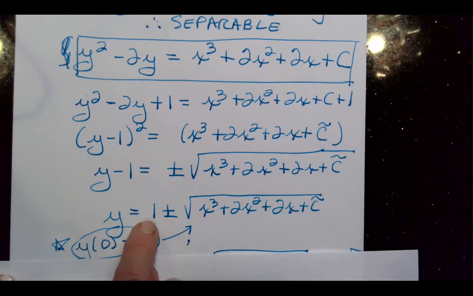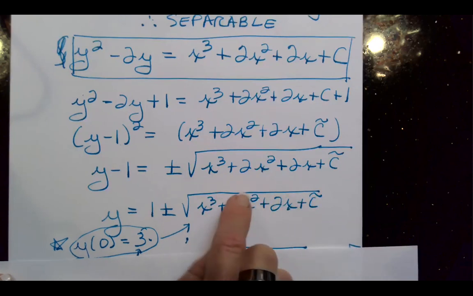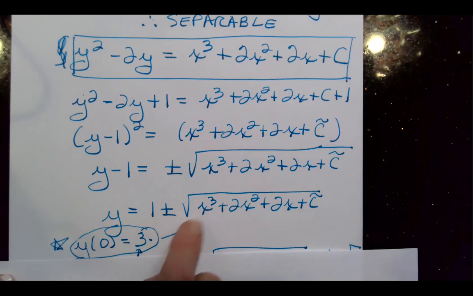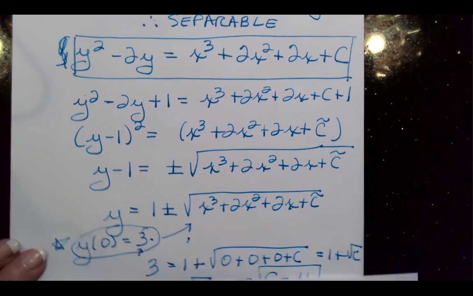Well, this is a 1, and the square root itself is something positive. So if y is going to have the value of 3 near x equals 0, I better be adding something positive. In order for this initial condition to ever work out, I better take the plus sign.